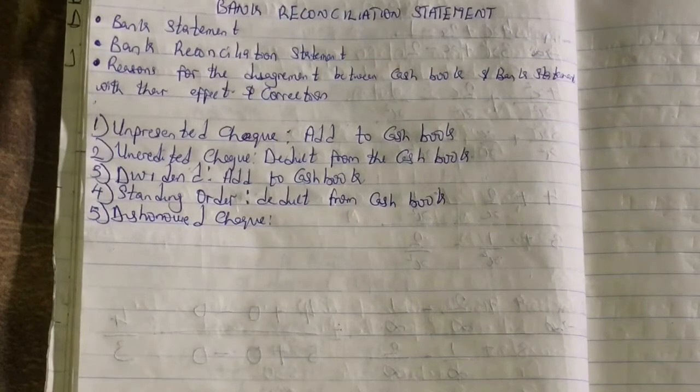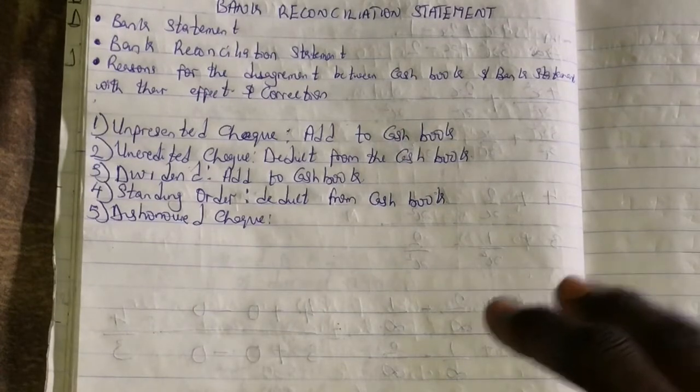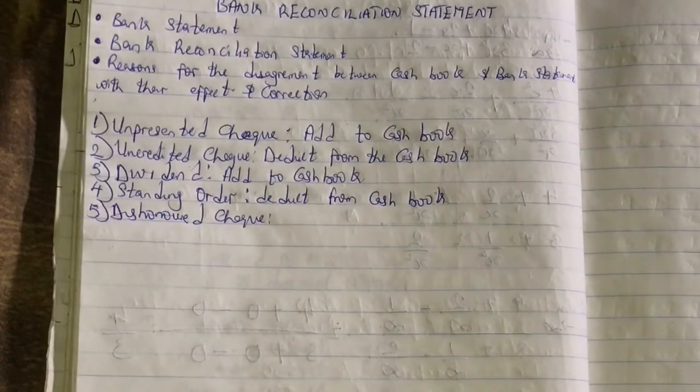You can also order your bank to make payments for your hire purchase installments, which can be weekly or quarterly. Note, the deduction will be made directly from the bank, so it is not included in your cash book. So in order to balance it up, you have to deduct it from your cash book.